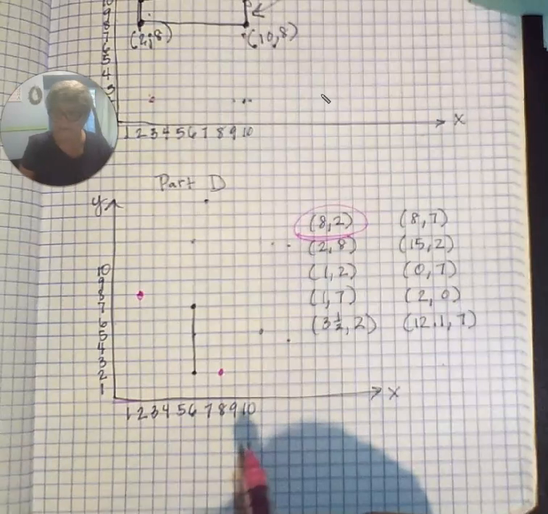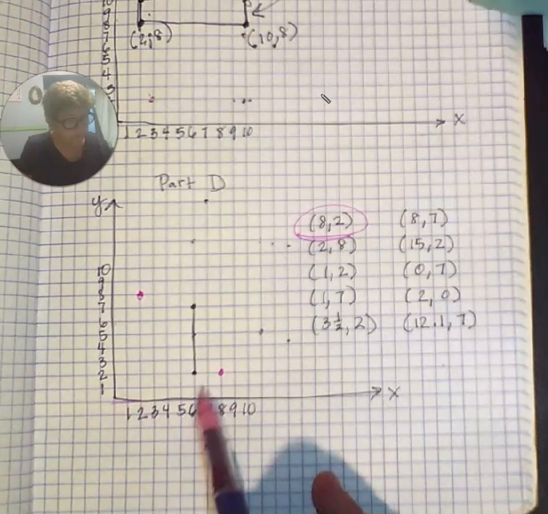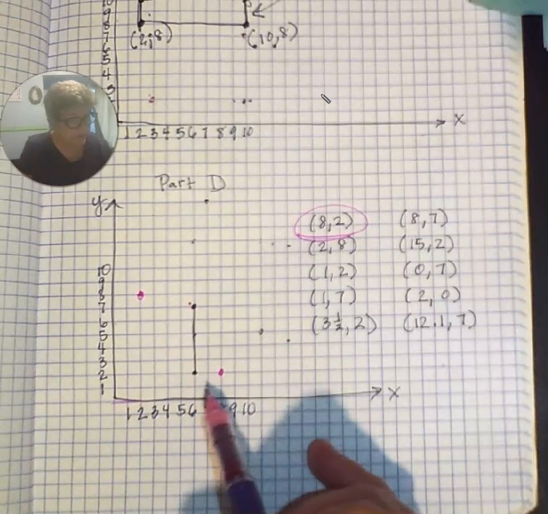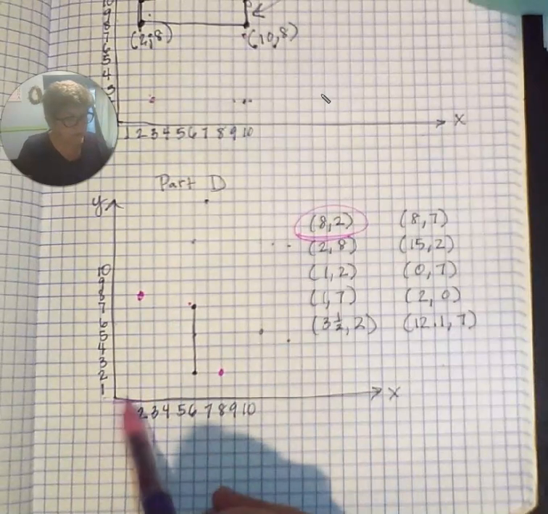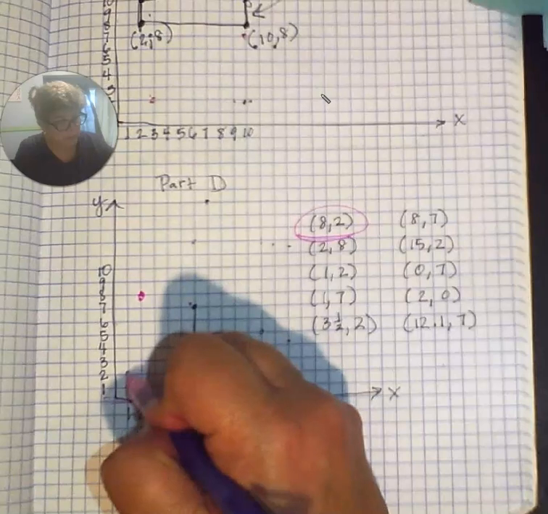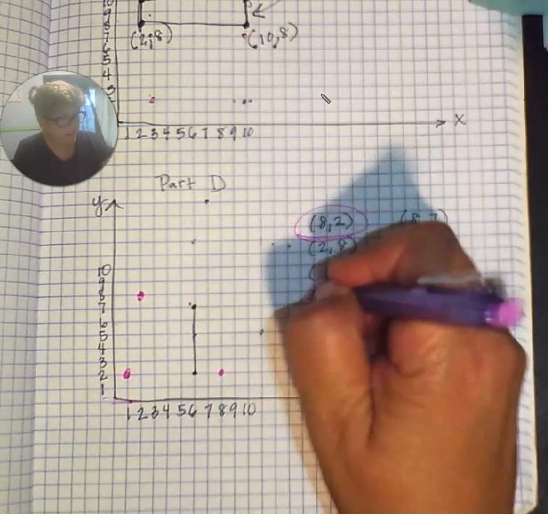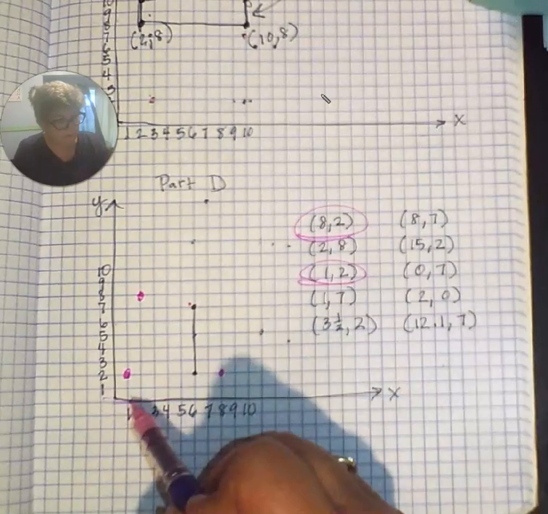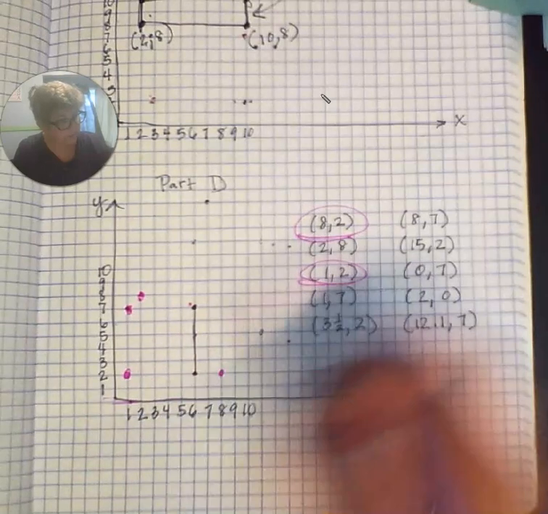Did I draw my line correctly? 6-2 to 6-7. So could 2-8 work? I don't think that would work. How about 1-2? Could be a corner if I drew it this way. Okay. 1-7? Yes. Could be a corner if I drew it that way.